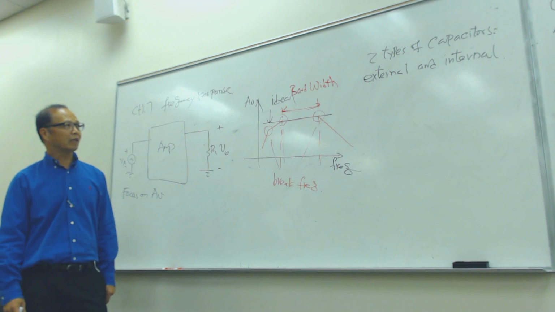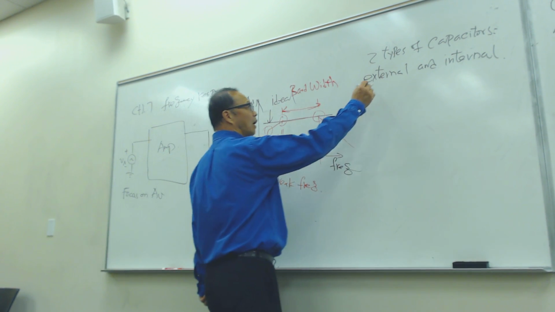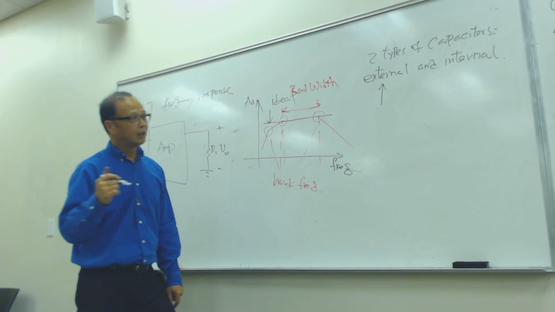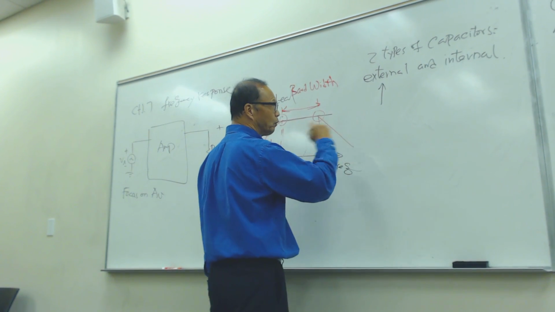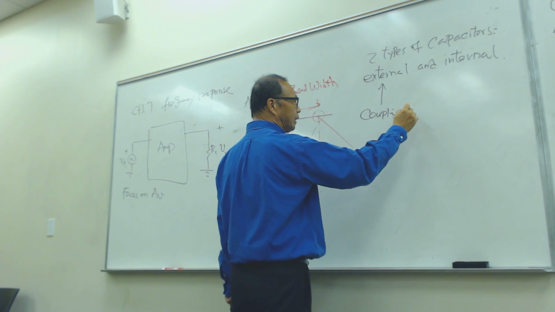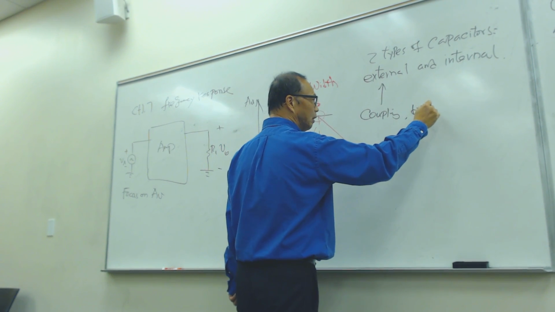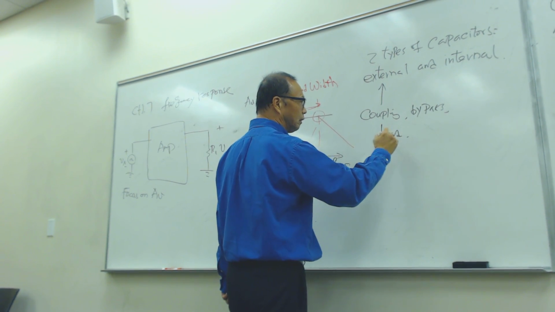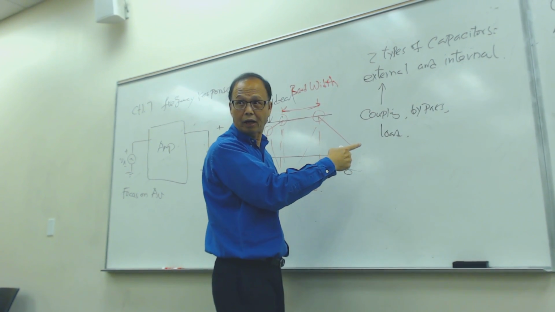So what are the external capacitors? These are the components in the circuit, like what? Like the coupling capacitor, right? Like the bypass capacitor, like the load capacitor. You understand this, right? I hope.